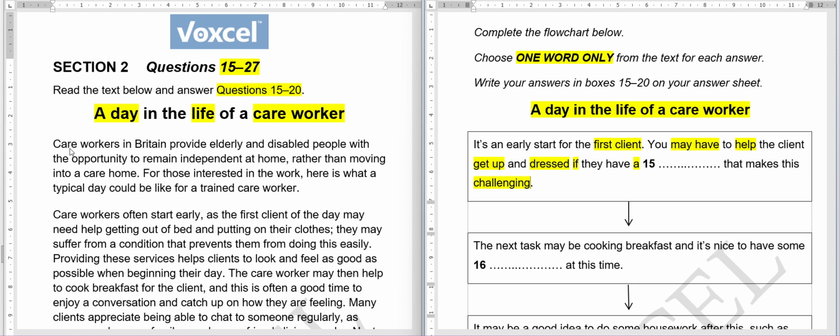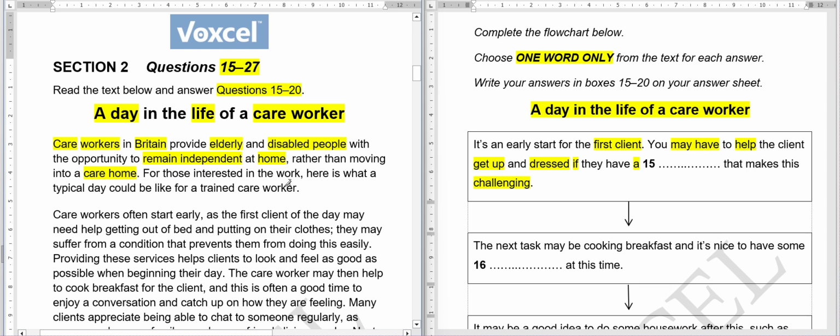Care workers in Britain provide elderly and disabled people with the opportunity to remain independent at home rather than moving into a care home. So the role of care workers is that they provide the opportunity in Britain to elderly and disabled people so that they can remain independent at home rather than going to a care home.